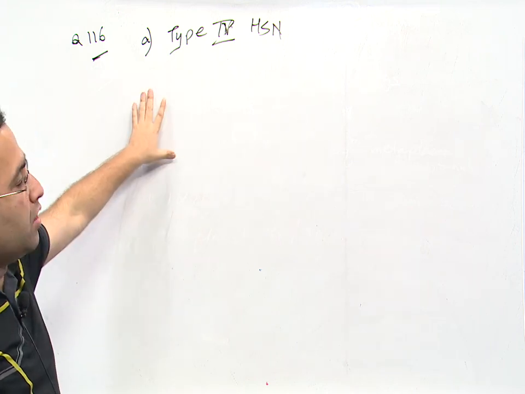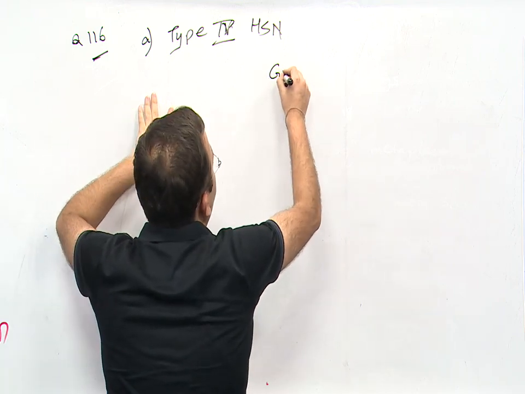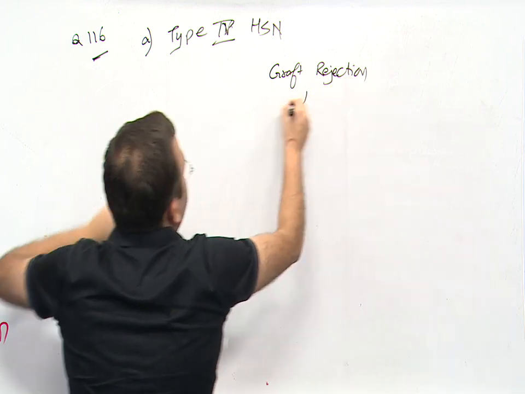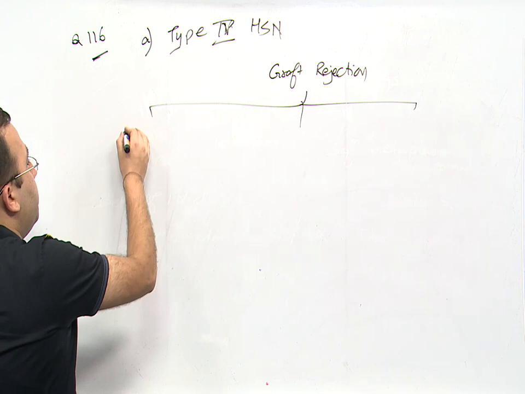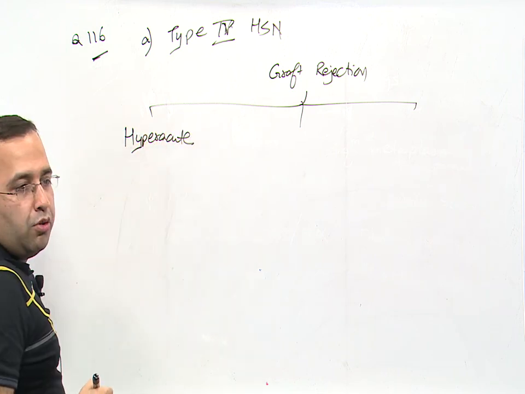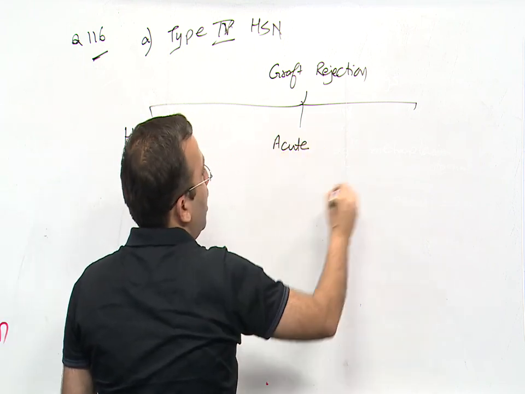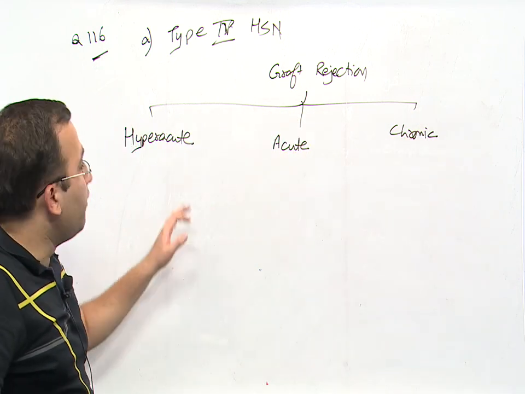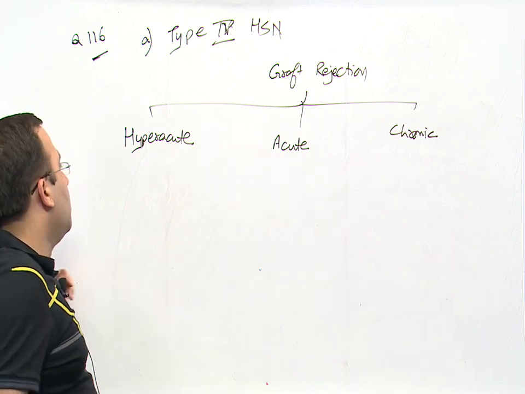So graft rejection is of three main types: hyperacute graft rejection, acute graft rejection, and chronic graft rejection.